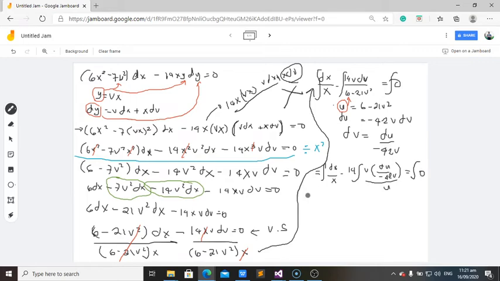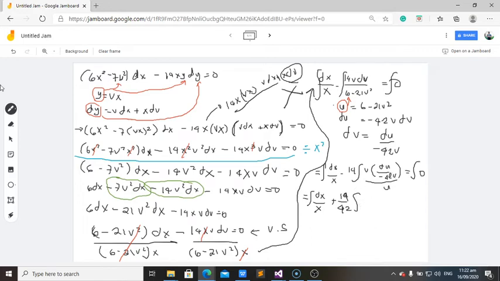So from there, we'll have simplify this. So, dx over x minus 14. Let's move out this 42. So, negative times negative becomes positive over 42. 42. Integral, this is 14. 14.